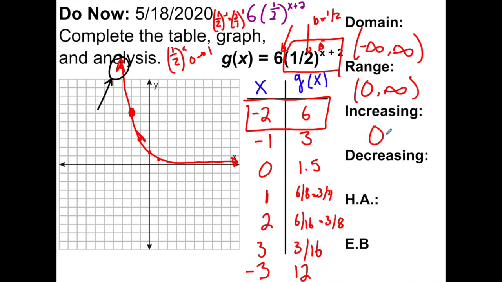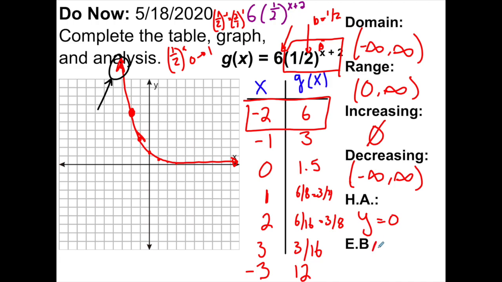Where is it increasing? Nowhere. It's always going down. Think about the summer, like a water slide. It's decreasing. Woo! We're always going downhill. Horizontal asymptote. It is y equals 0. If you said the x-axis, because that's the same thing, I would accept that as an answer.